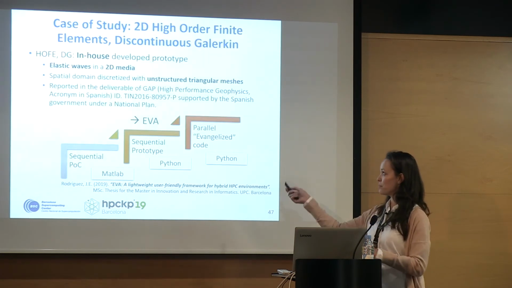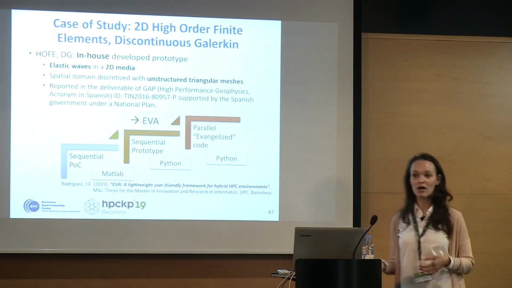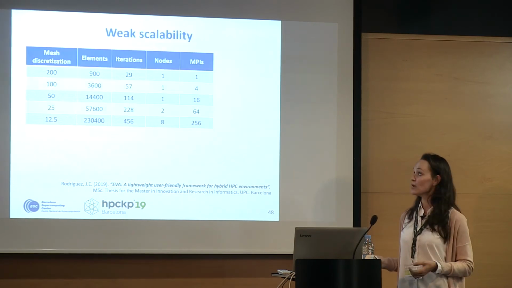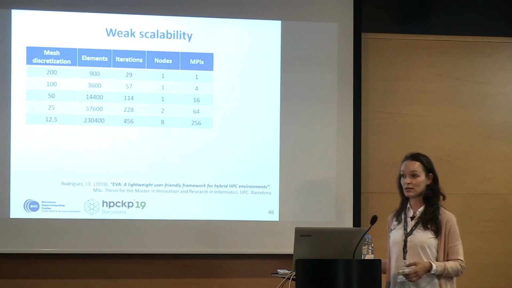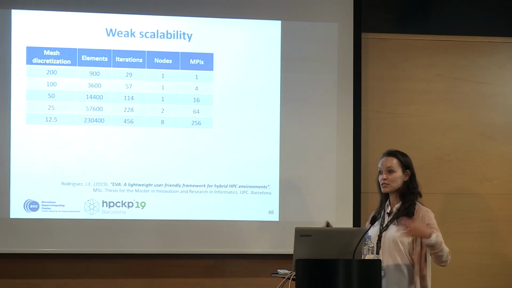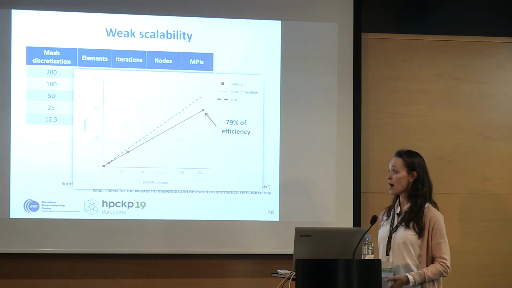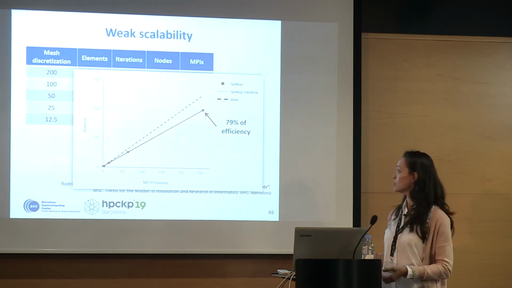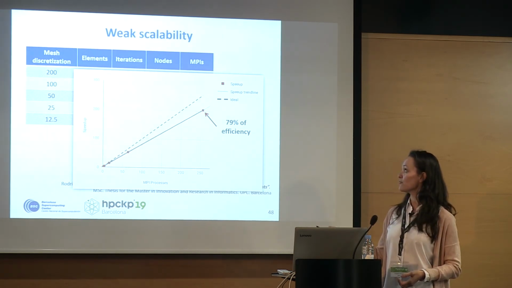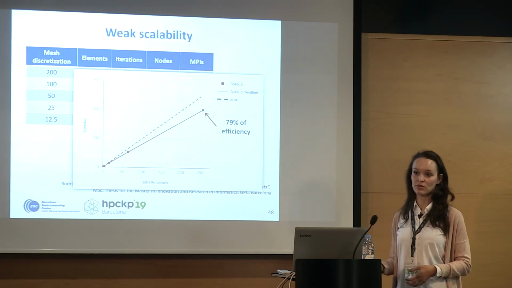So that parallel code, how does it behave? In weak scaling, we are increasing the problem as we increase the number of processes. It has very good performance. We're at about 256 MPI processes right now.